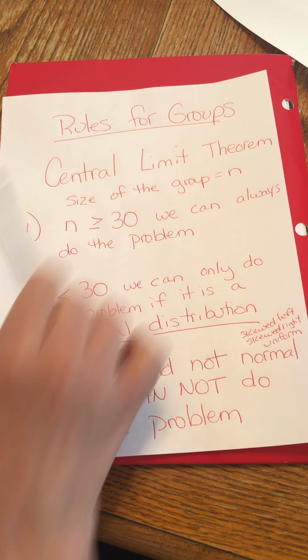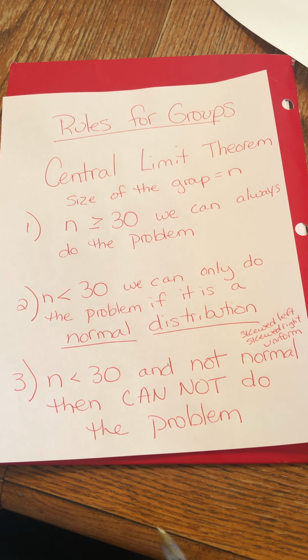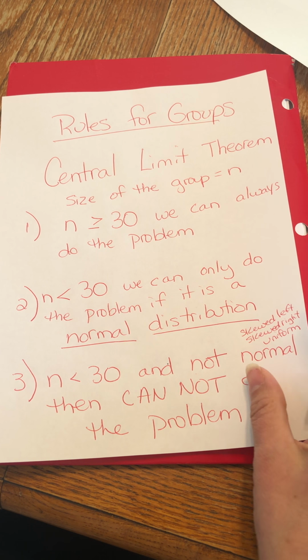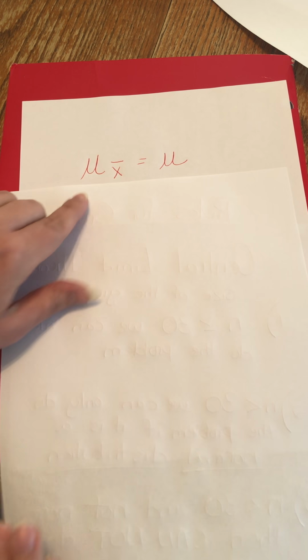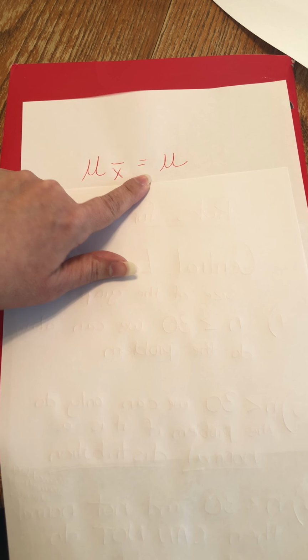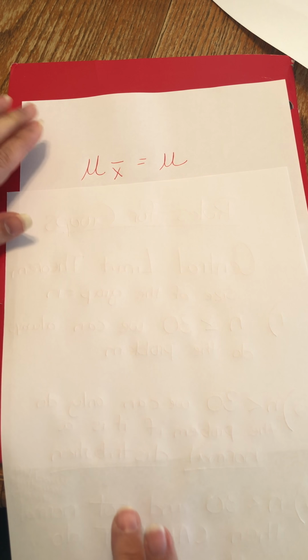All right, so once you get all this and once you realize if you can or cannot do the problem, then you need to find the mean and the standard deviation of the group. Here we go. The mean of the group is equal to the mean of the population.